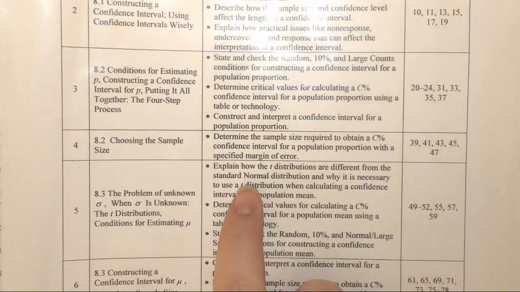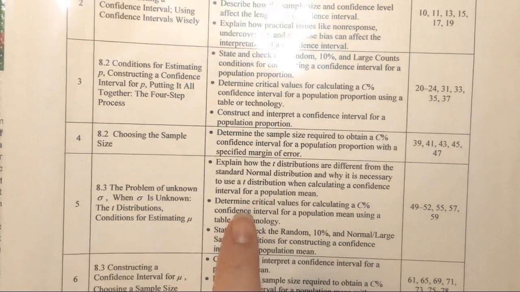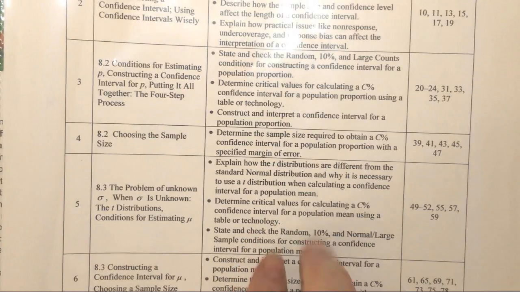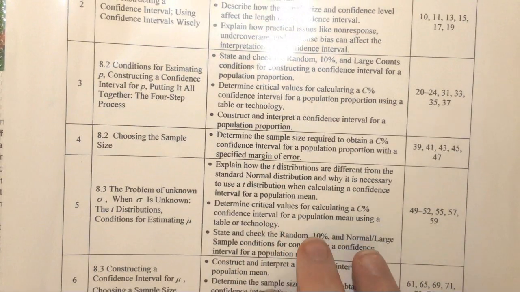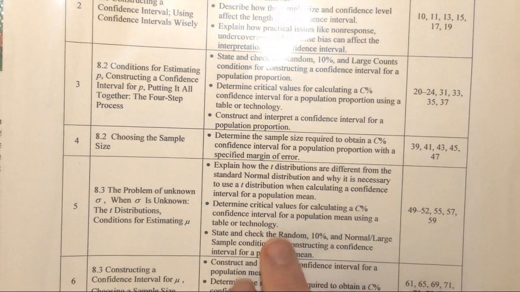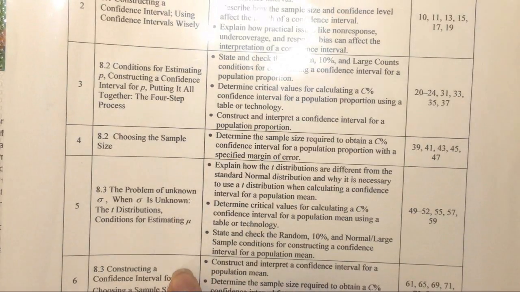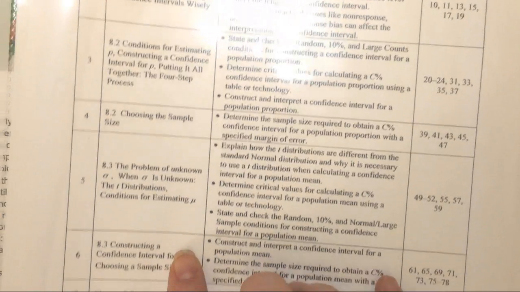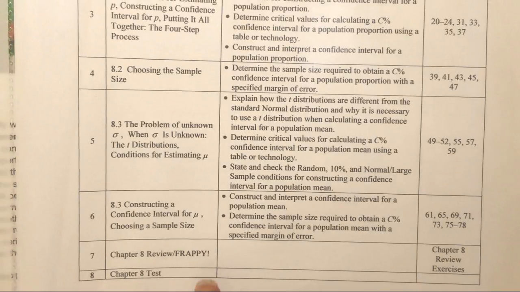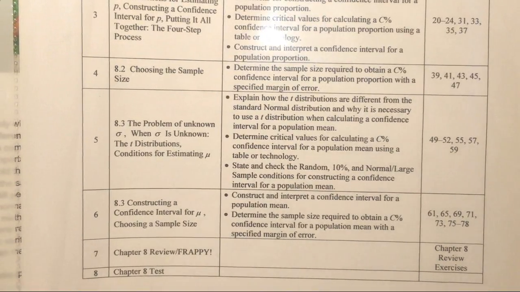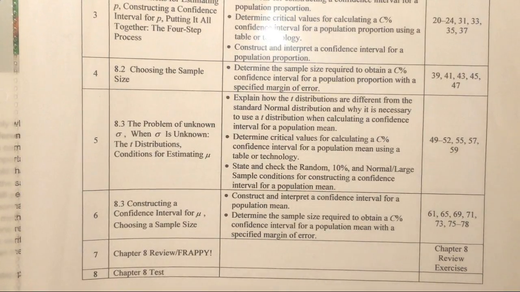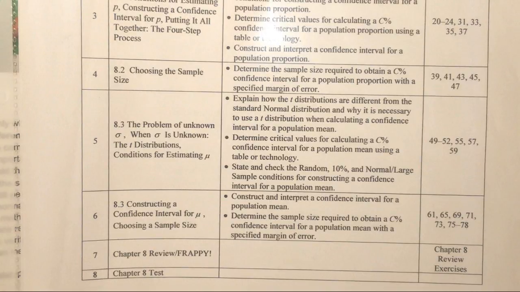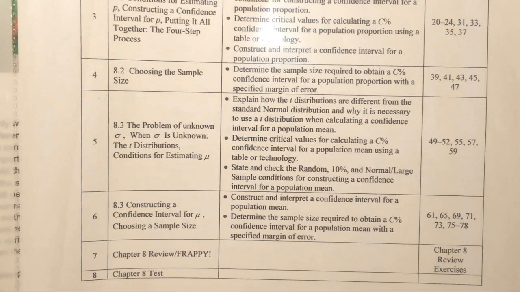We've done 8.2, and we are now dealing with 8.3. What I think is we'll do 8.3 today and tomorrow. I think we'll do something kind of like a worksheet practice Wednesday, review Thursday, test Friday for chapter 8. That is my plan.